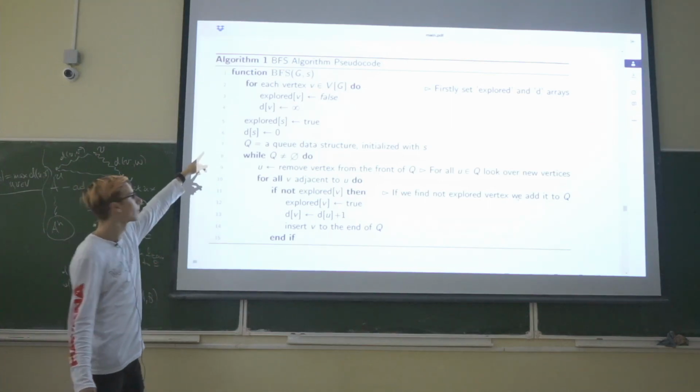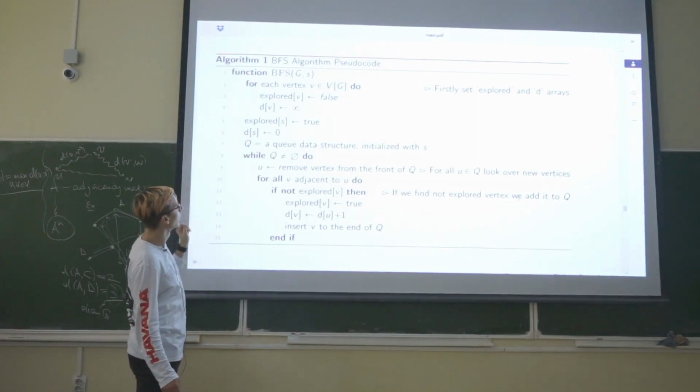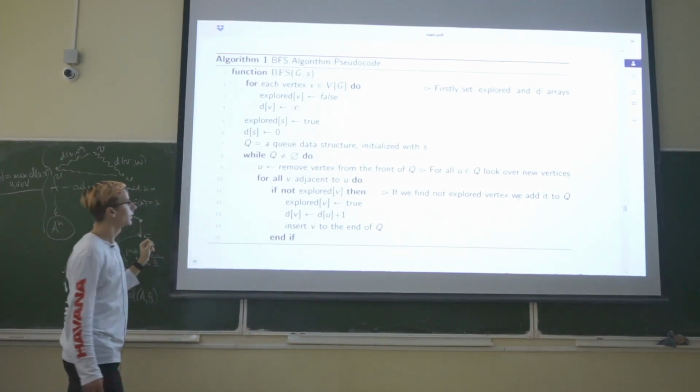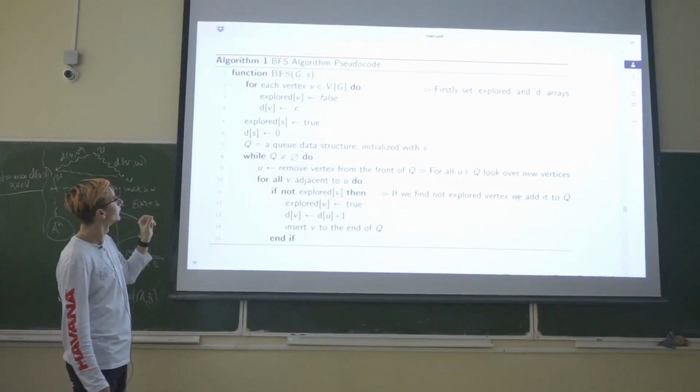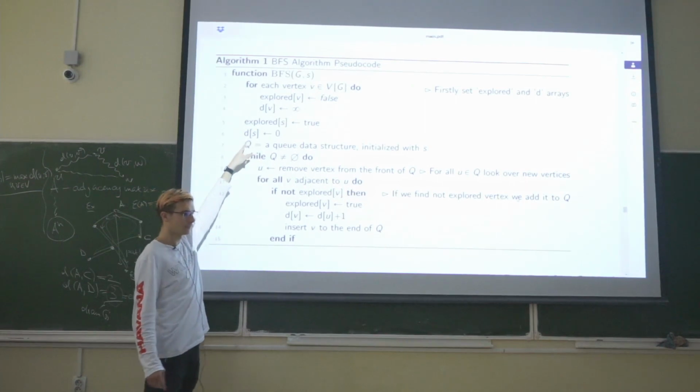Then in rows 5 and 6, we say that the distance from S to S is equal to 0.